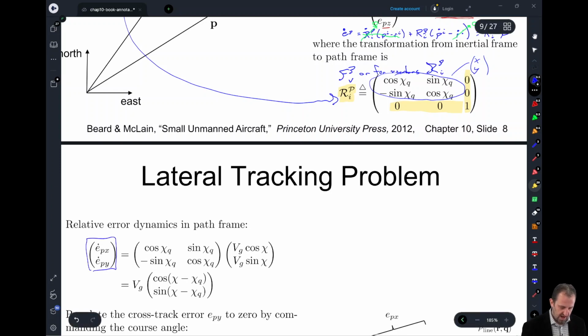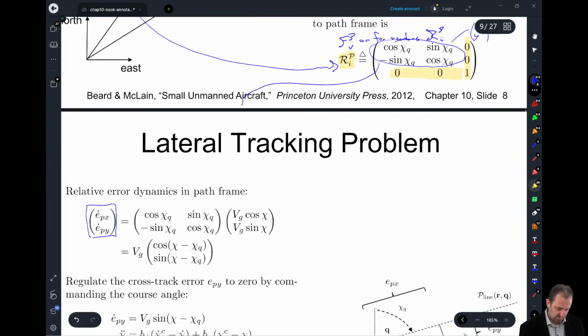So our error in the x and the y direction are only going to be a function of p in the x and y direction, or p and r in the x and y direction. Okay, so if we take a look at this equation, this is just this component of the rotation matrix.